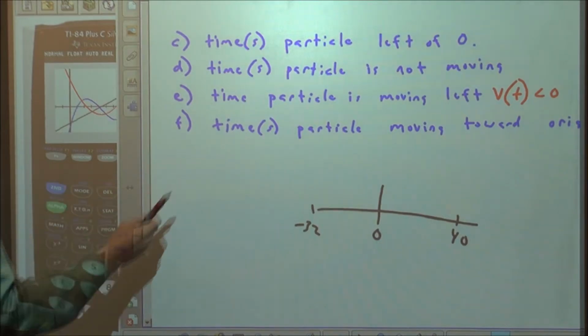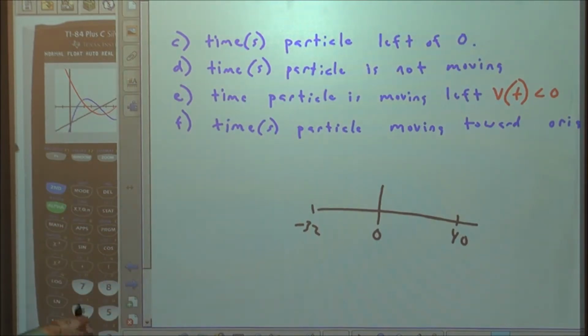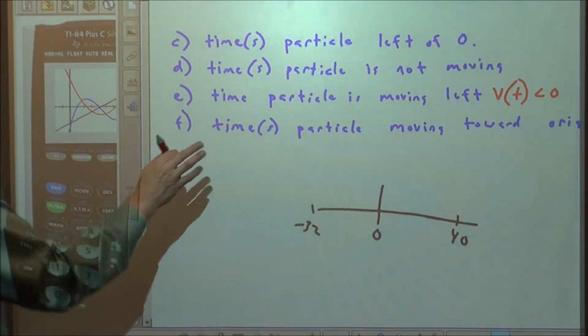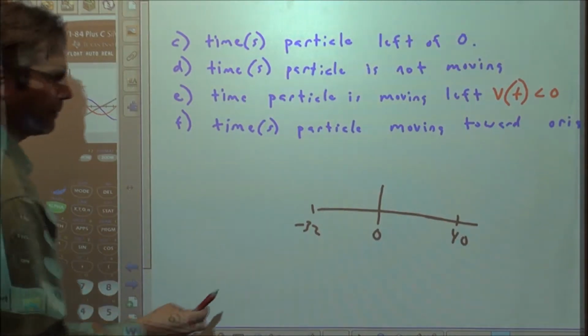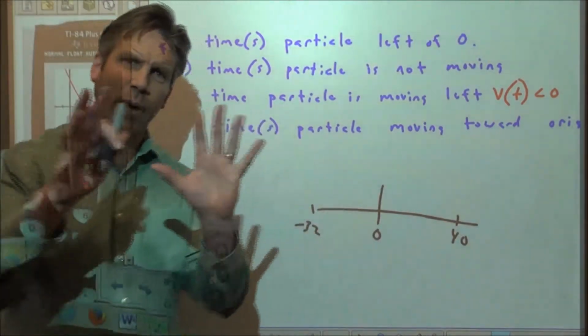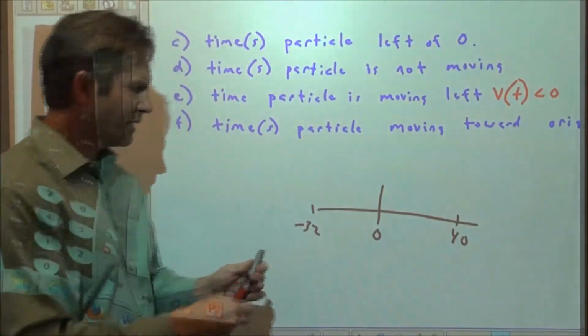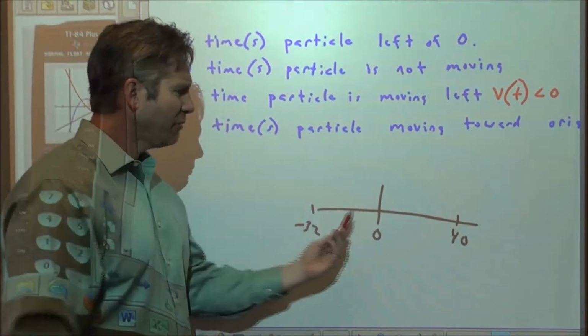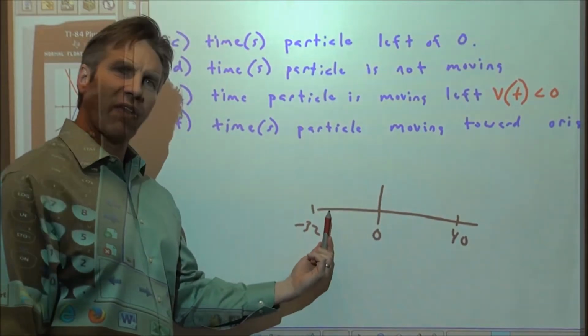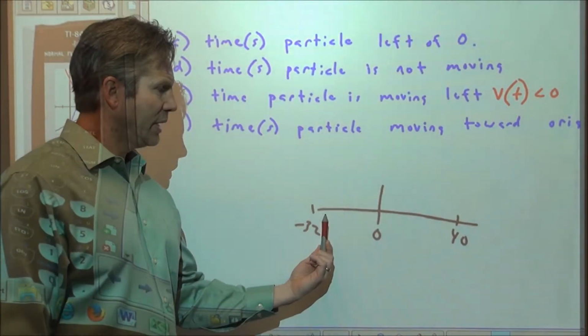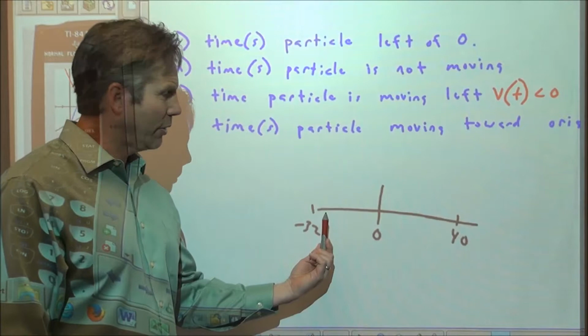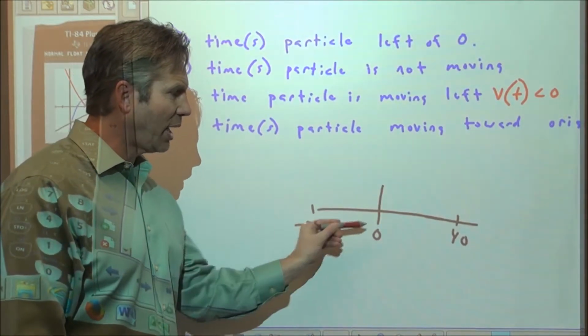Now, what about the time when the particle is moving toward the origin? That's a little bit sneakier. So let's just wrap our brains around this first and then see how it affects the function. If the particle was sitting to the left of the origin, then it would be moving towards the origin if the velocity were positive.